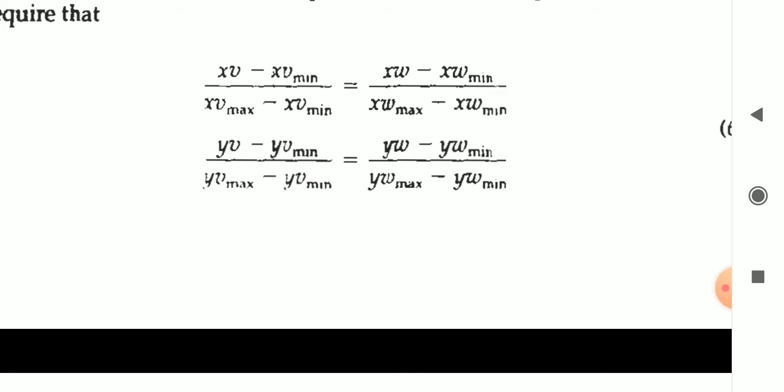The result is XV minus XV minimum divided by XV maximum minus XV minimum, equal to that calculated from the world coordinate. The difference is calculated and the ratio found on the X side, and the difference calculated and ratio found on the Y side. So I can get the corresponding point of world coordinate in view coordinate.